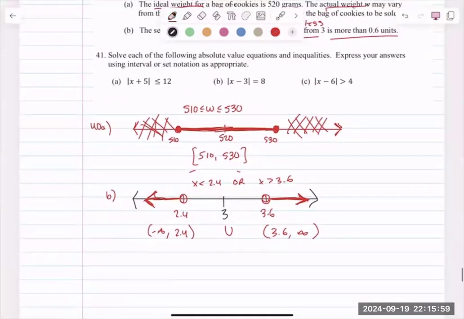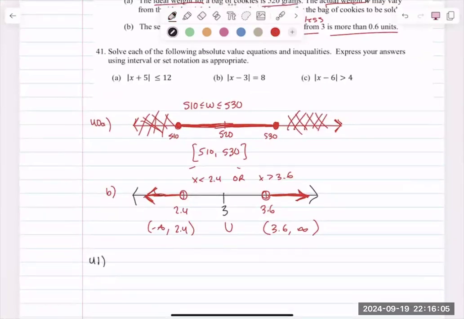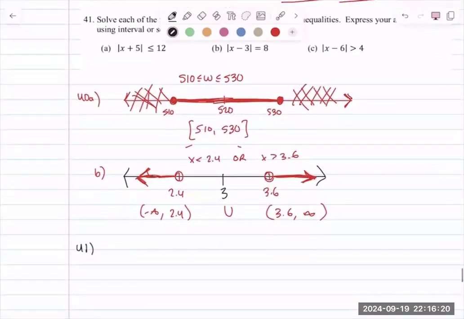Okay. On to 41. So we're going to solve each of the following absolute value equations and inequalities. We want to use interval or set notation again, and I'm going to do both because I think it's helpful. So part A is saying the absolute value of x plus 5. What is that?